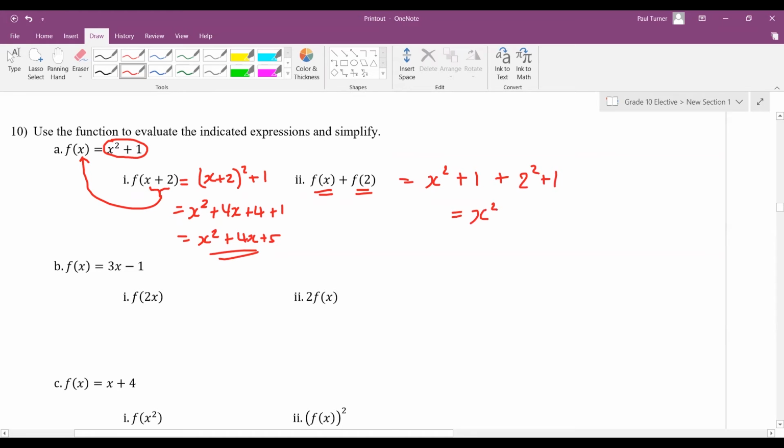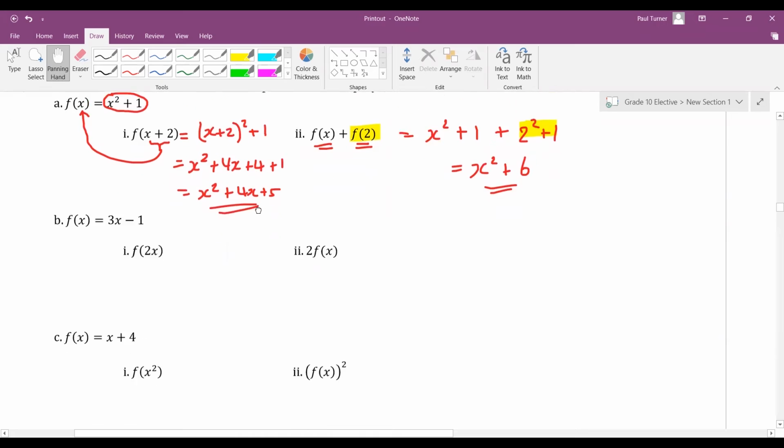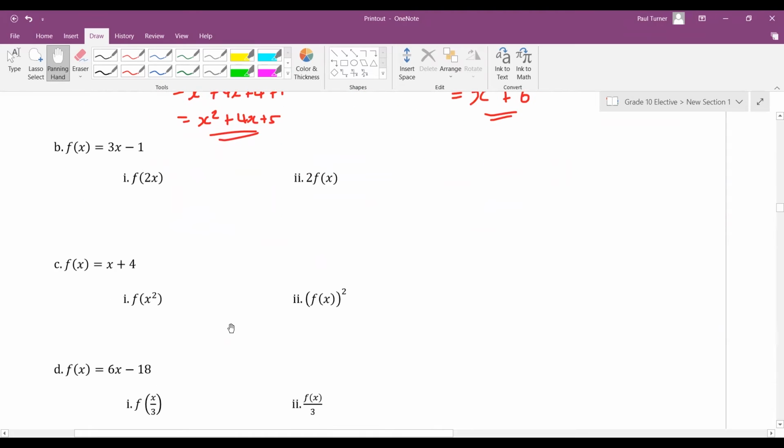So x squared plus 2 squared is 4, plus 1 is 5, 6, like that. So f(2) is basically putting the number into the function, then added on to your first part there. Is there any problem with any of these? I think these are okay. You can try these ones.